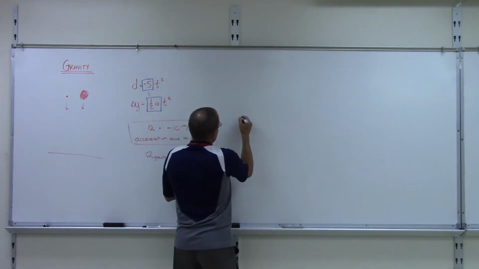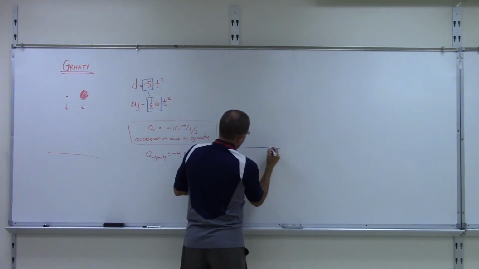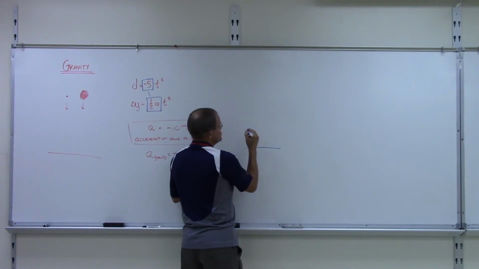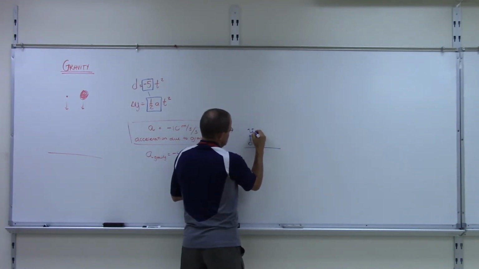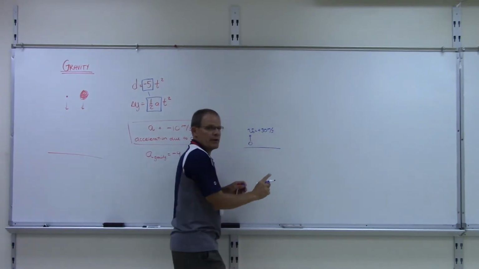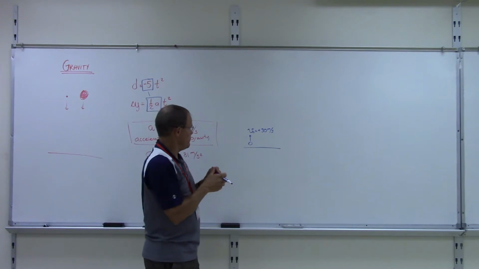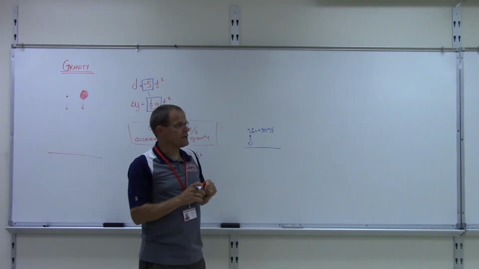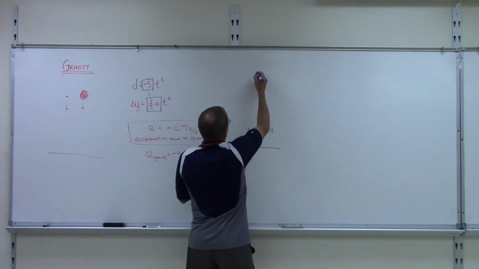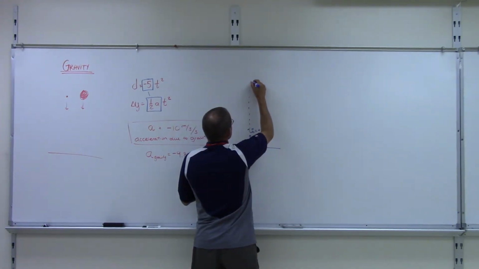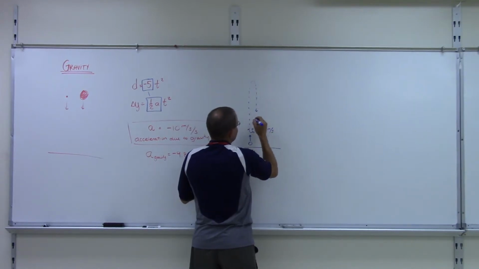So imagine here's the ground, we take a soccer ball and we kick it upwards really hard so that the initial velocity is plus 30 meters per second. It's going upwards at 30 meters per second. As soon as it leaves your foot, gravity is the only force acting on it. So what will happen? Well, it will go up, but it'll slow down and eventually stop, and then it'll come back down.